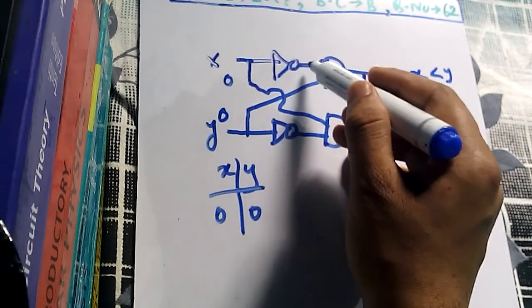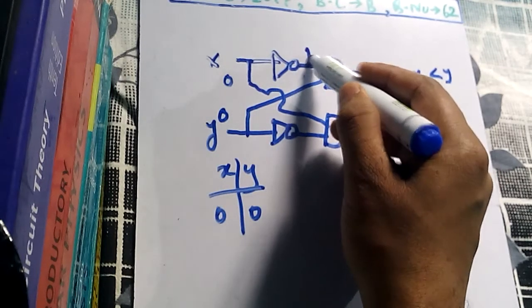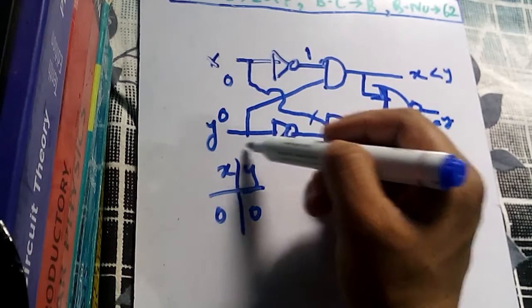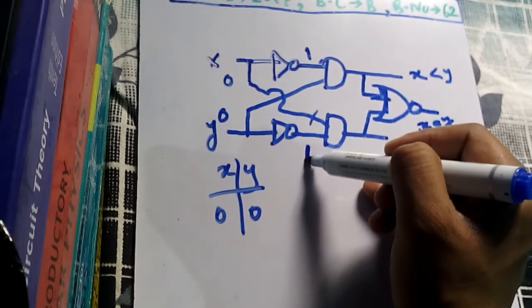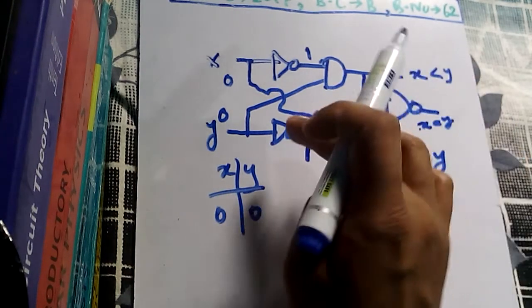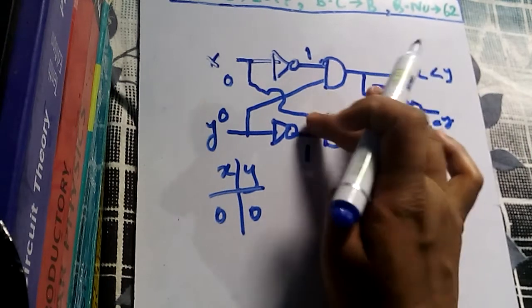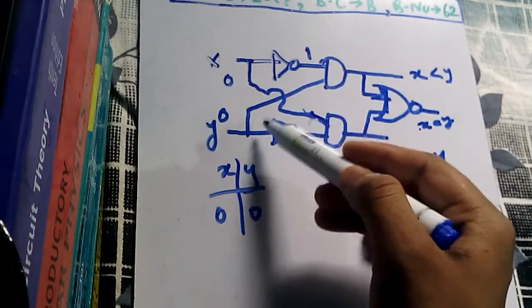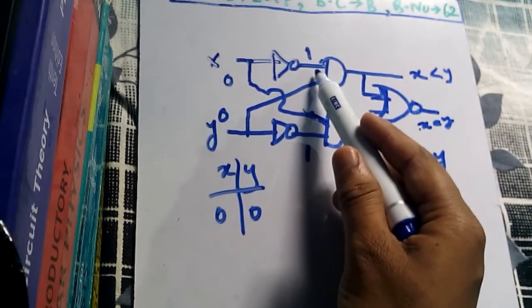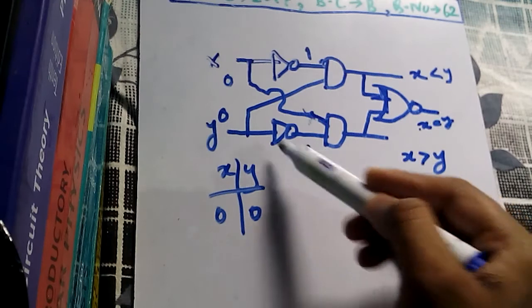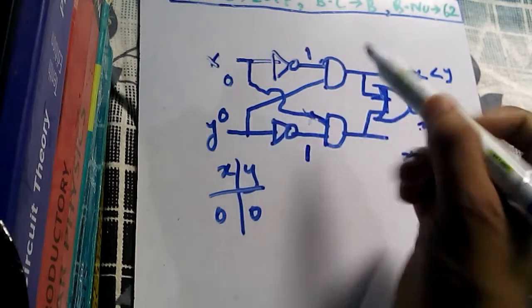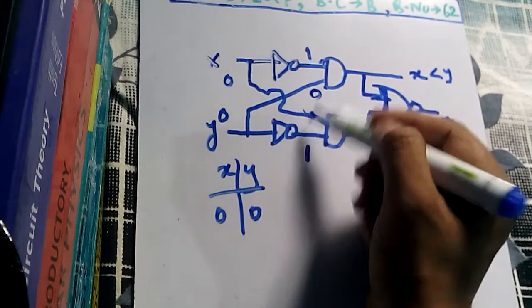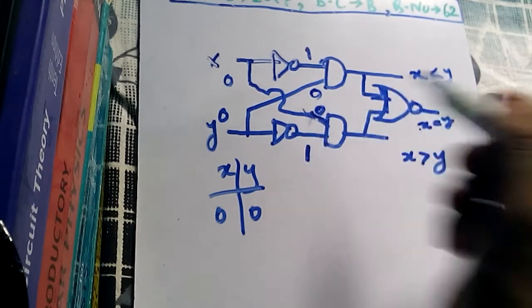Here, after passing through the NOT gate, it becomes 1, and here in this y also it passes and becomes 1. Yes, so in this terminal you get 1, in this terminal you get 1, but this wire goes here, and here you get 0, and here also you get 0 from the x line.